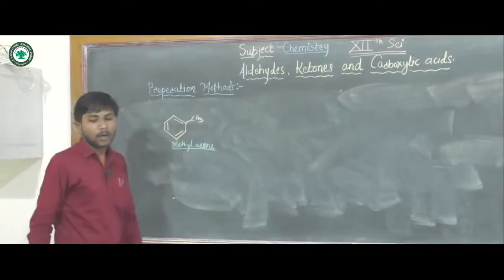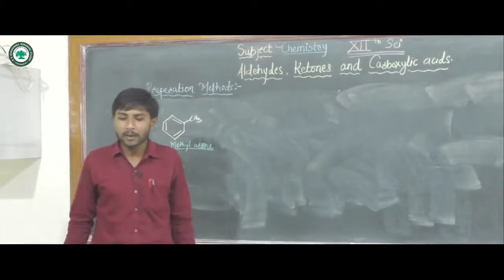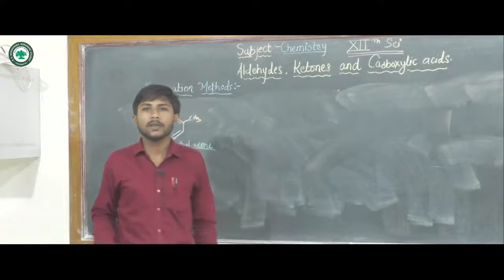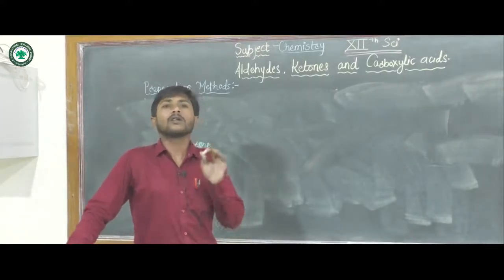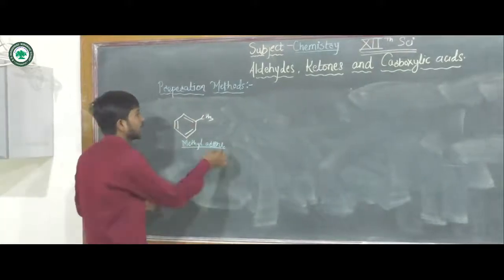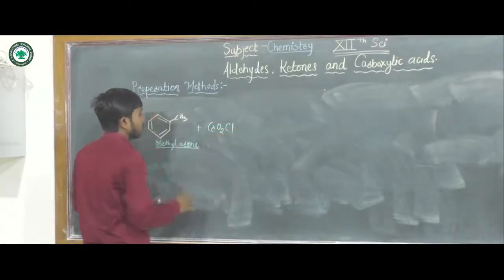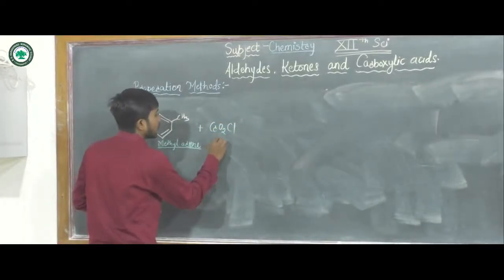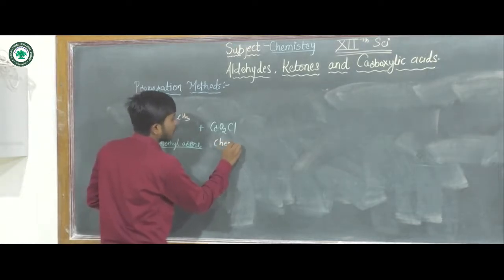First of all, that is the Etard reaction, where toluene is treated with chromyl chloride.